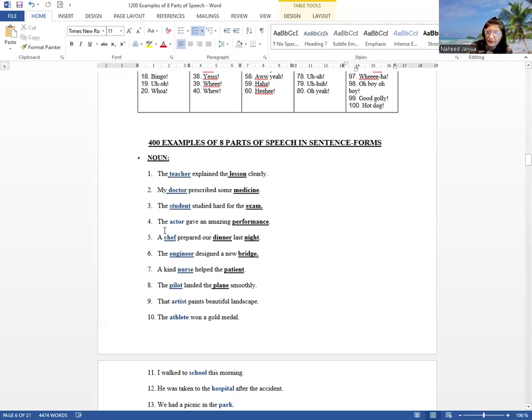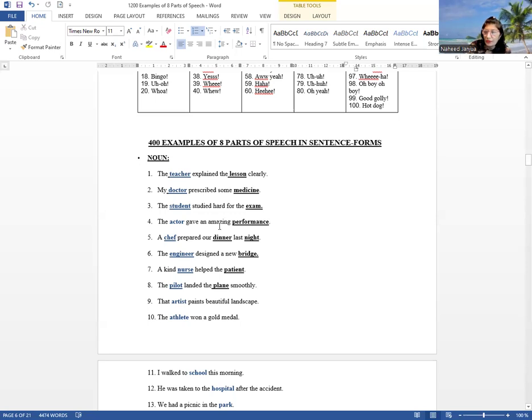In sentence number 4: the actor gave an amazing performance. Here you see the word actor is a noun and performance is another noun used in this sentence. Before this, the word amazing is used, which is an adjectival modifier or used as an adjective.